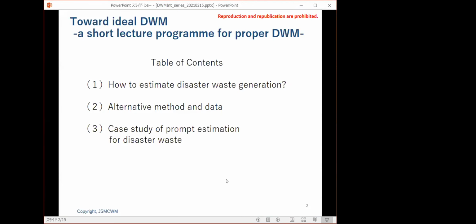So here is the table of contents of this seminar. First, I introduce how to estimate disaster waste generation, especially in Japan. And second item, I propose an alternative method and data, especially in developing countries.